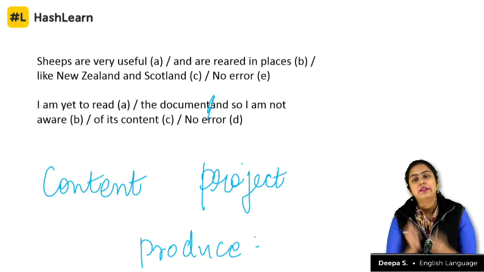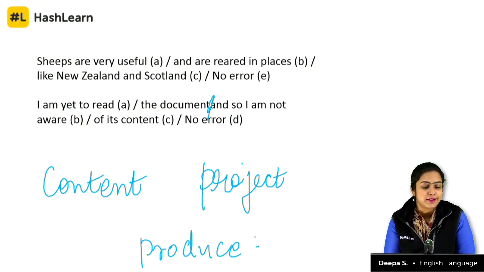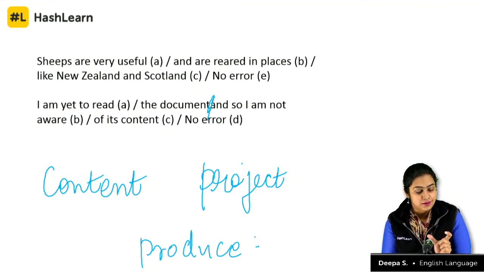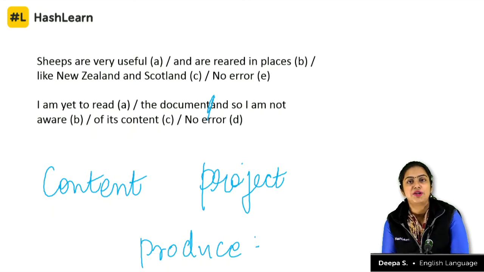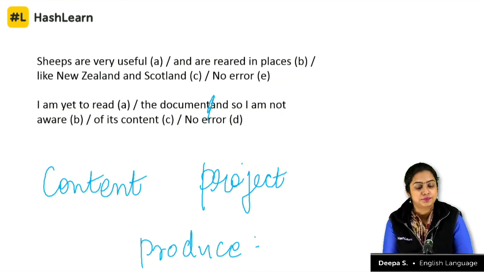So when you look at these three words, when you say content, remember this is an adjective when you put it in this particular sense. I am content with my life. She finds it hard to be content with her life.